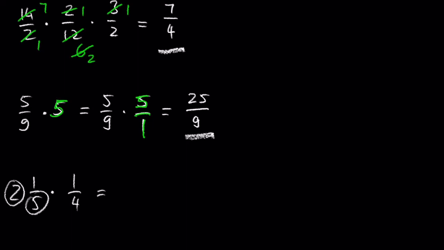And then adding the result, which is 10, to the numerator and keep the denominator. This gives us 11 over 5. Eleven times 1 is 11, and 5 times 4 is 20.